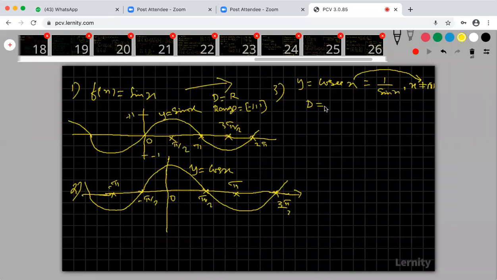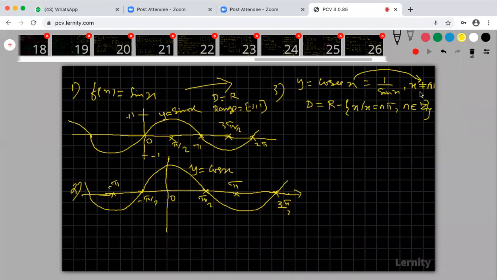That means your domain is the set of all real numbers minus the set of all x where x is equal to n pi, and n is an integer. Why? For all real numbers we can define it, except x equal to n pi.